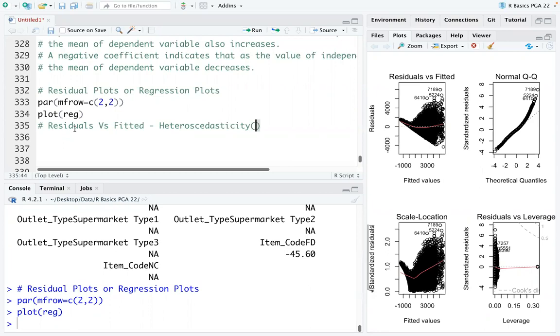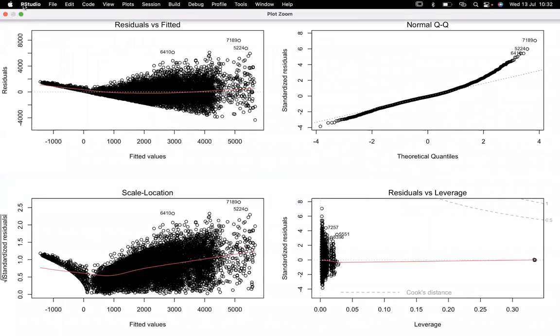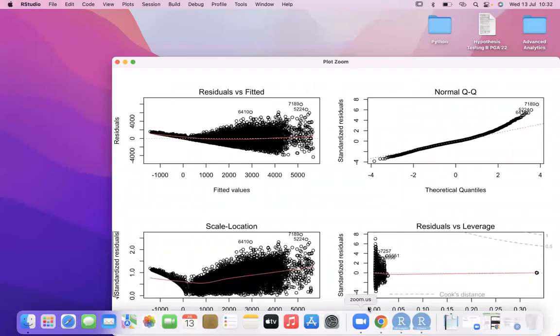It is homoscedasticity, sir. It is heteroscedasticity. How can you say it is homoscedasticity? Homoscedasticity means it looks like this.